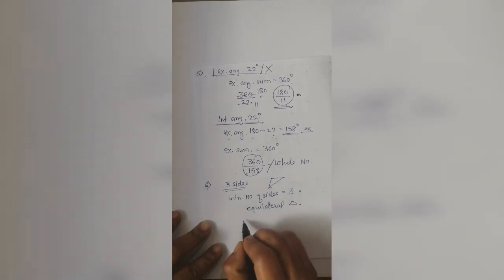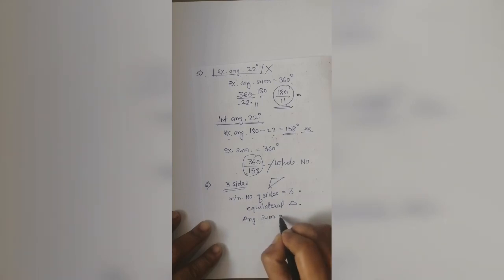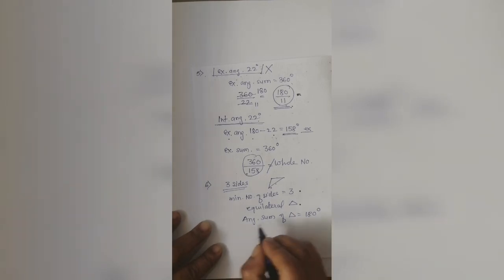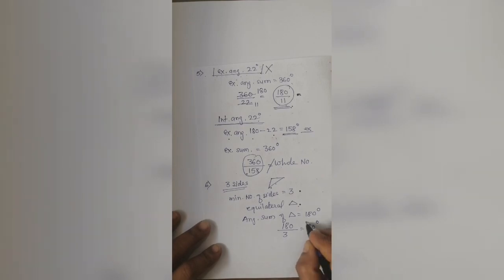As per the angle sum property, the sum of the interior angles of a triangle is 180, so 180 divided by 3 is equal to 60 degrees. That means the minimum angle is 60 degrees and the minimum number of sides of the polygon is 3.